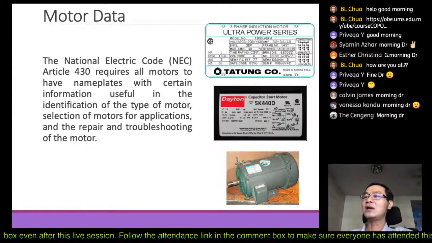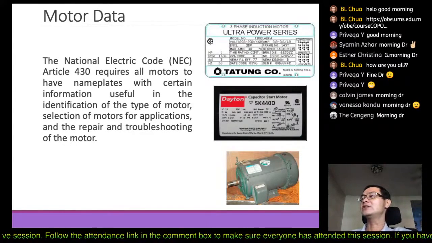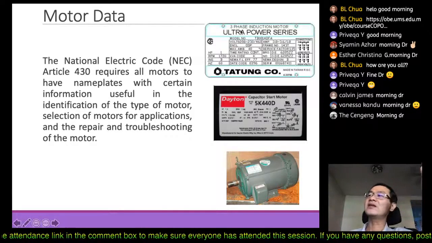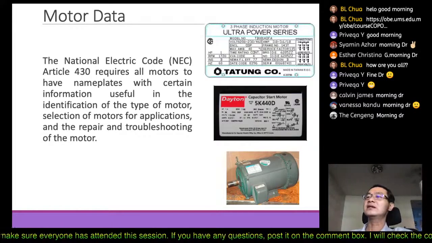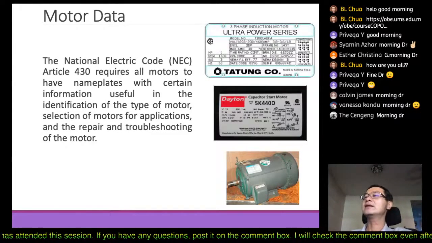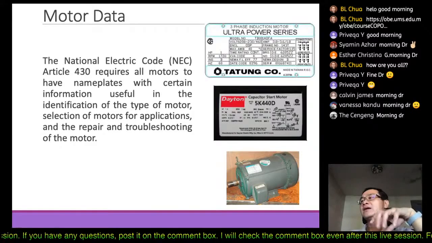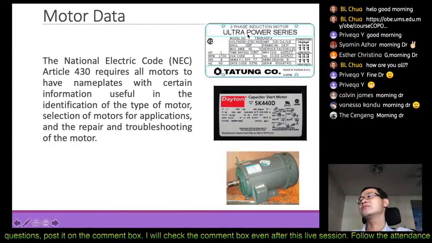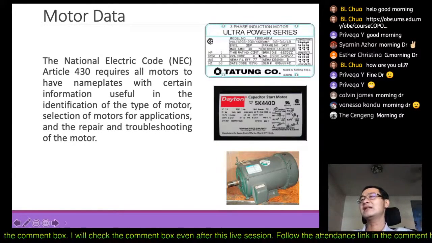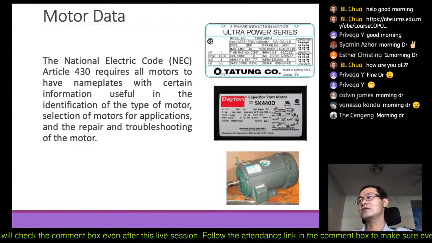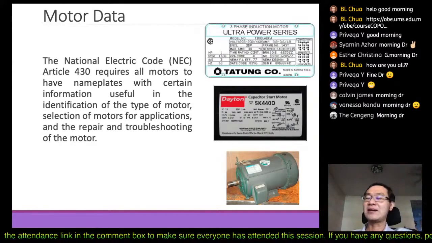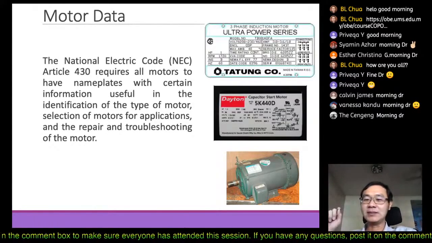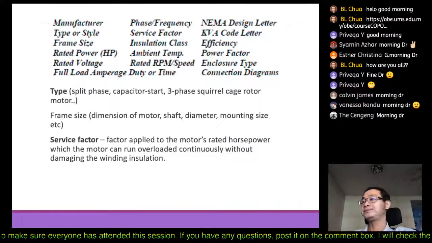Otherwise, if you are the engineer who designed this system without this, you have to select accordingly, according to your load, and then from that you put it there. And this will tell everyone that whenever this system is faulty, you have to replace the motor with another motor that is equivalent in terms of performance.